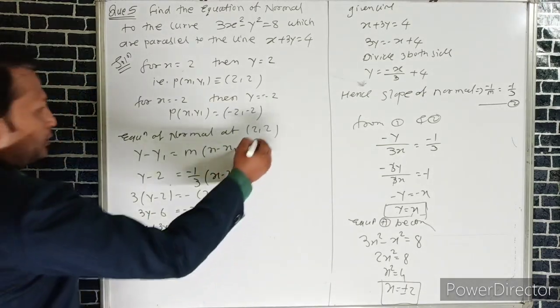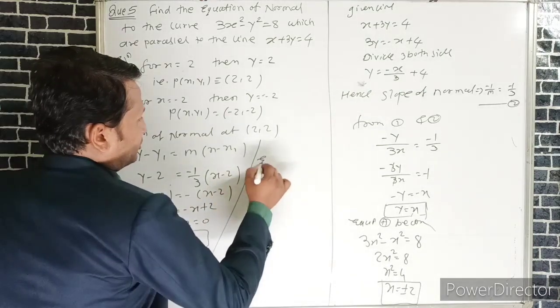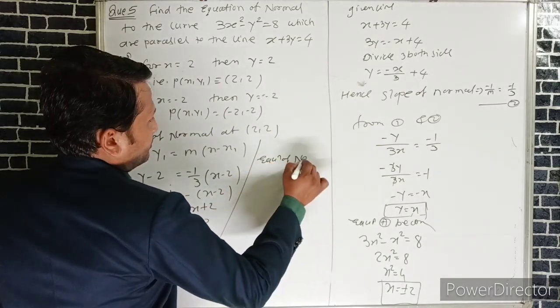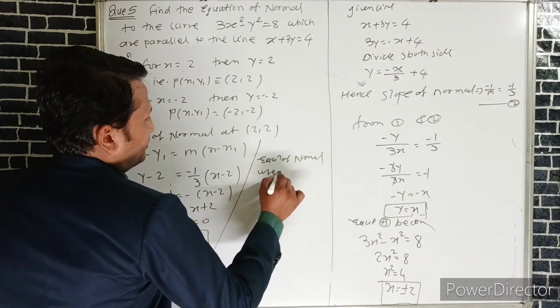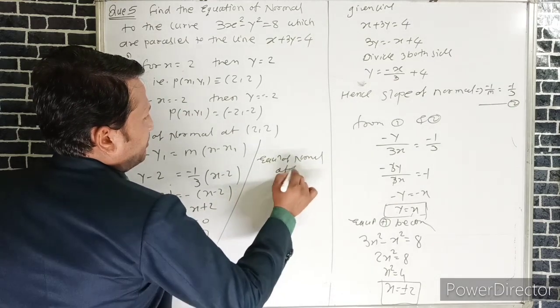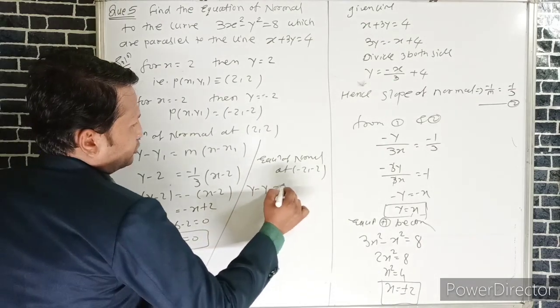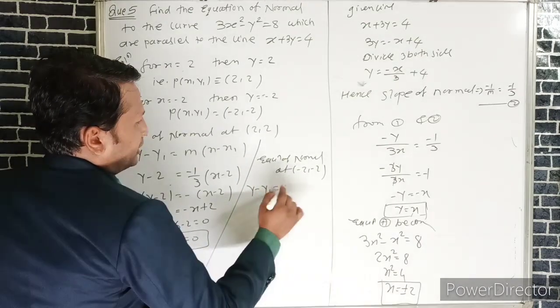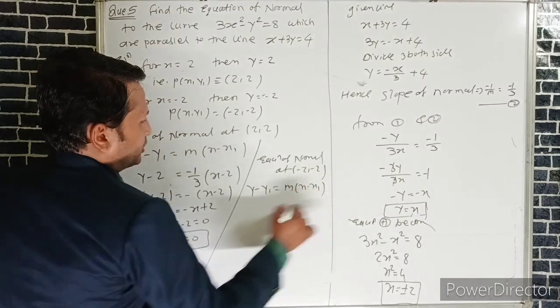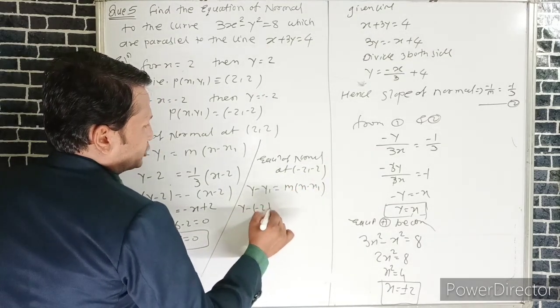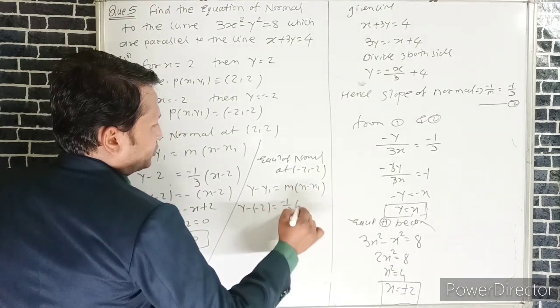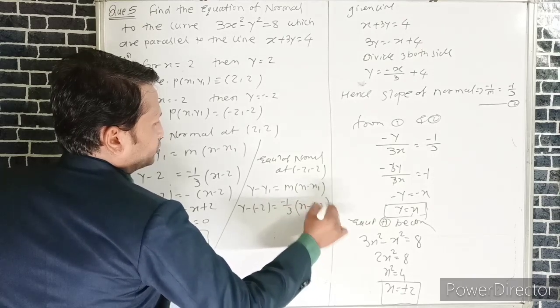Now again we have to find the equation of normal at minus 2 comma minus 2. We can write y minus y1 is equal to m into x minus x1, so y minus of minus 2 is equal to minus 1 by 3 into x minus of minus 2.